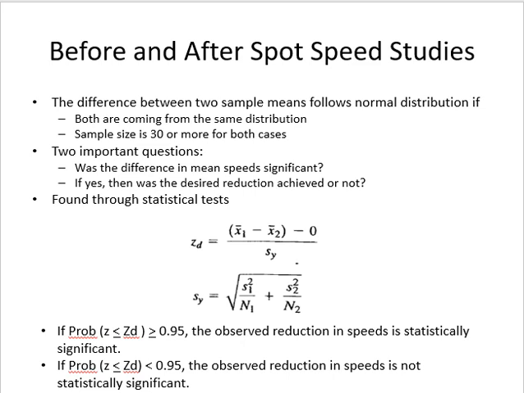Is it acceptable? Before was 80. Okay, 2 kilometers per hour difference. You spend 10,000 BD on it. How much is the required reduction? That is what I am asking.